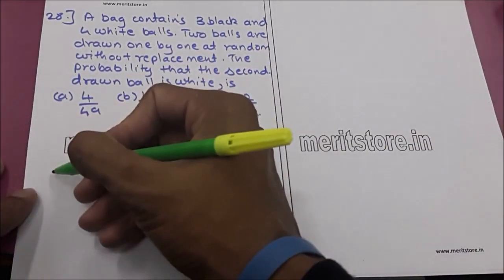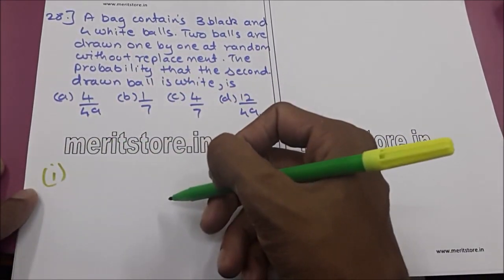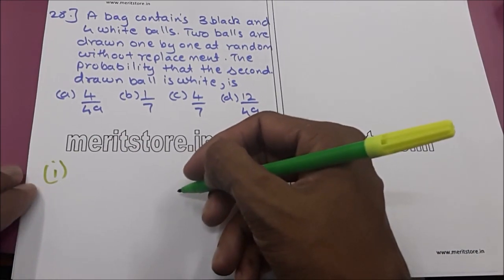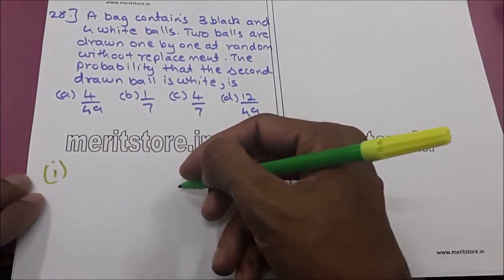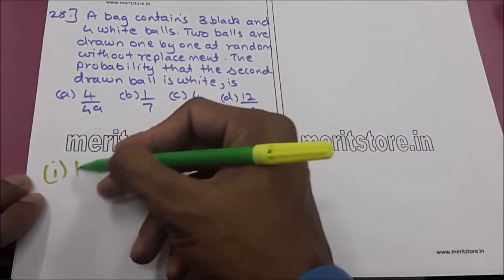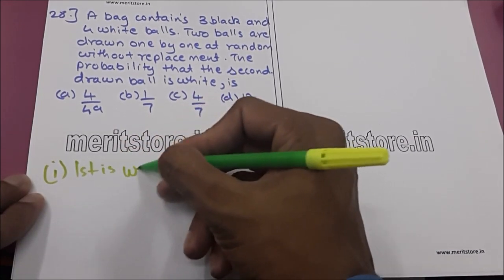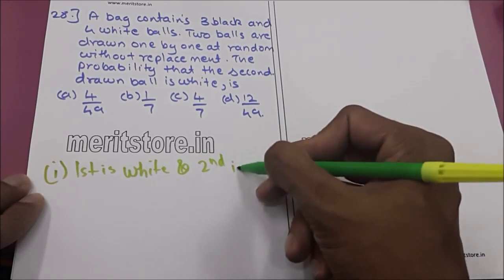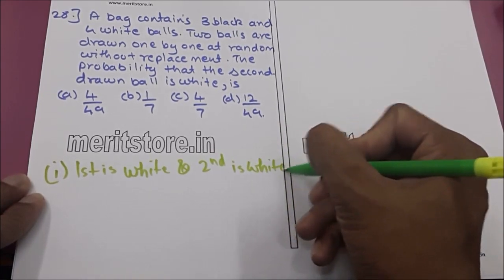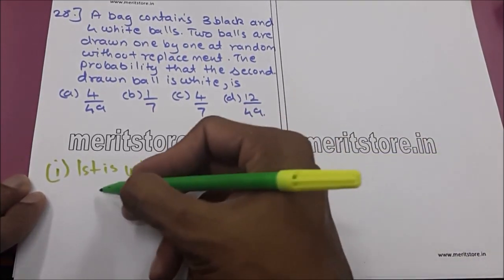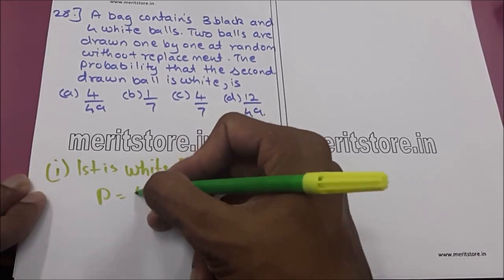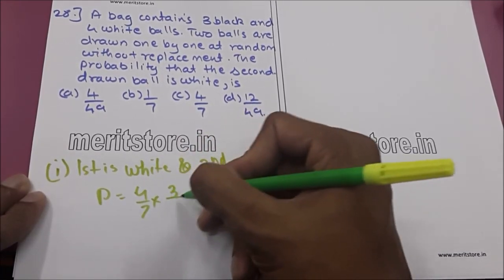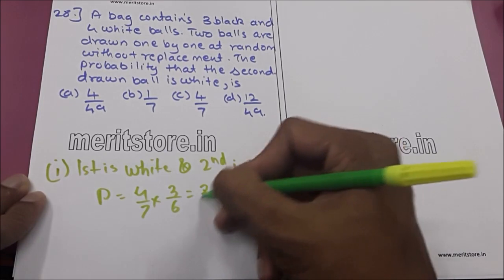That is, first is white and the second is white. So probability we get as 4 by 7 into 3 by 6, that is 2 by 7.